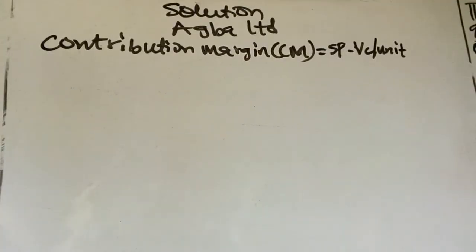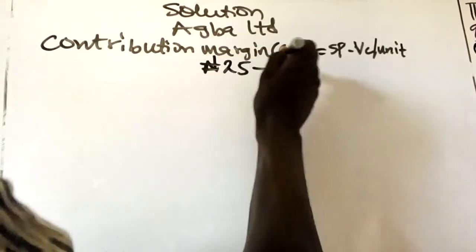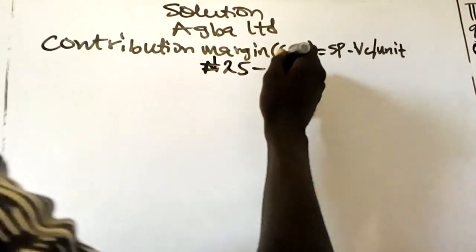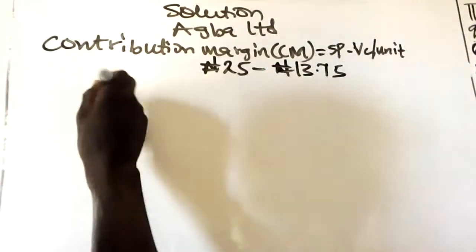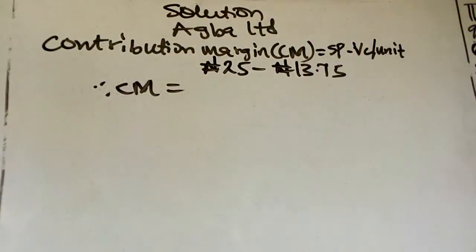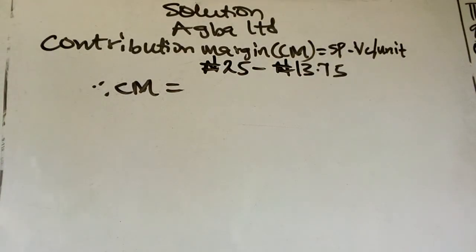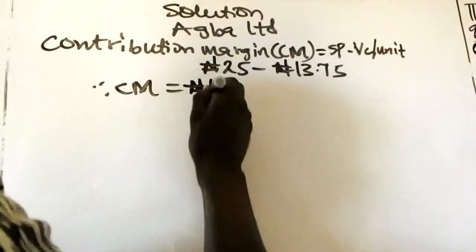So our selling price is 25 naira minus unit variable cost, which is 13.75. Therefore, CM, that is contribution margin, 25 naira minus 13.75, then we have 11.25 naira.